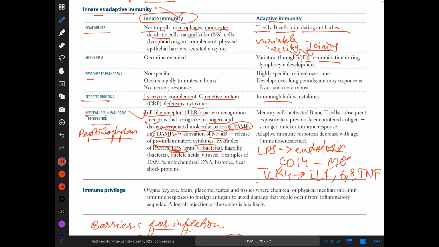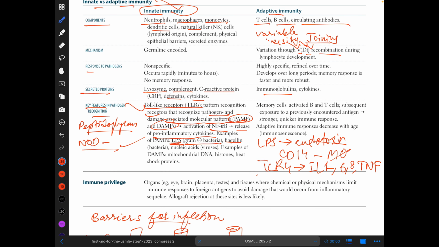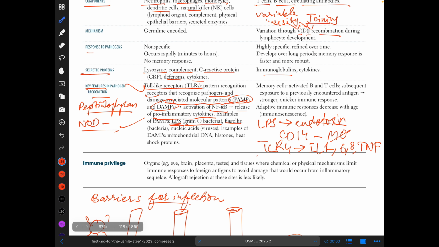Peptidoglycan is present in the cell wall of bacteria. They will attach with NOD receptors, and NOD stands for nucleotide-binding oligomerization domain, and they will engage the toll-like receptors and NOD receptors. And we also have mannose.